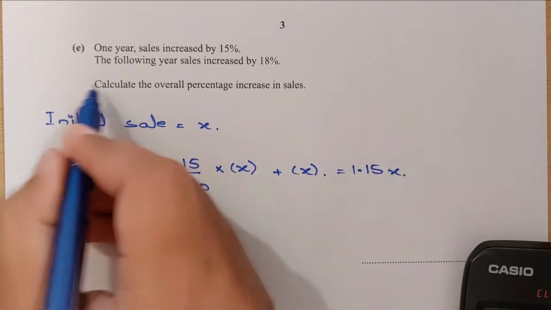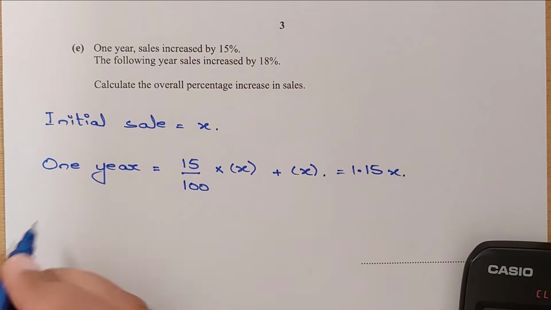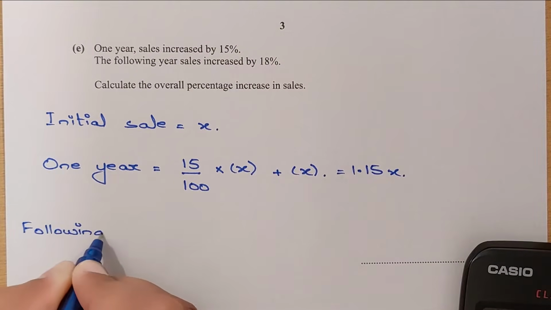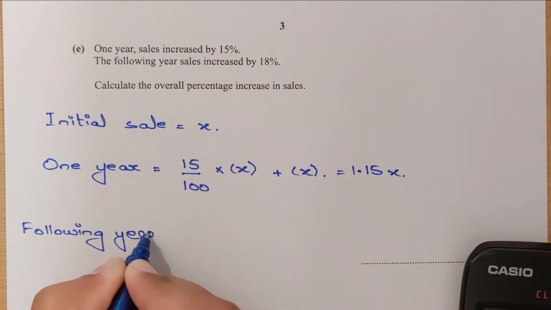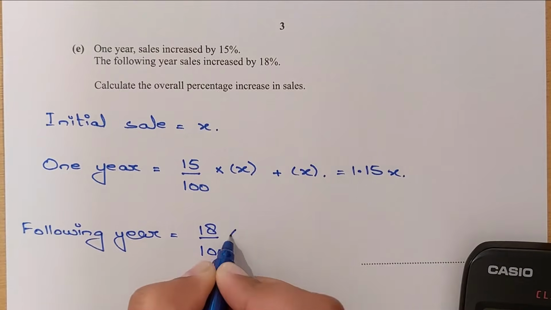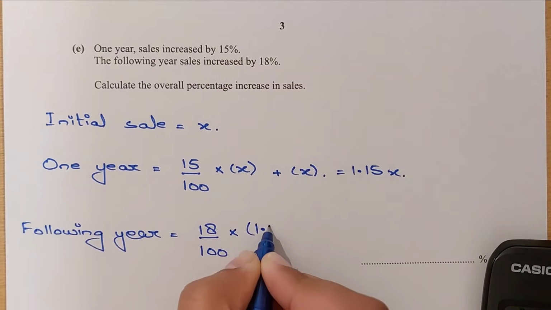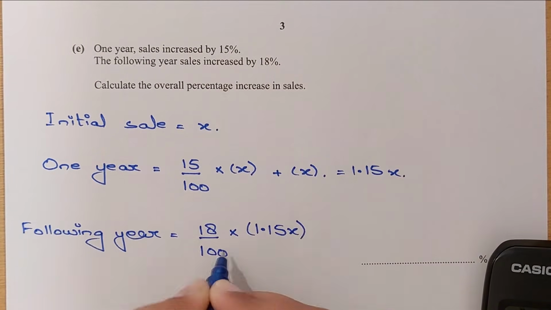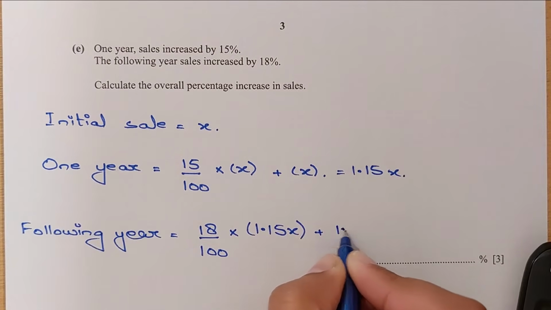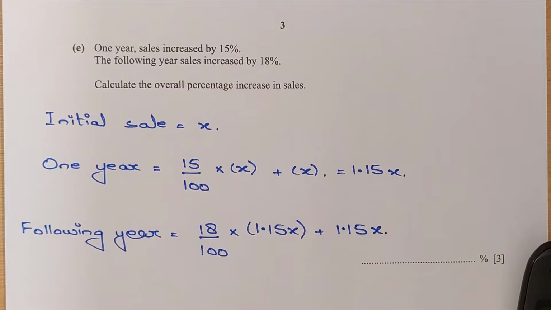Now, the following year, the sale increased by 18%. Now, what is it for the following year? The sales are increasing by 18%. So, 18% of this 1.15x, and whatever the 18% of this is, we add to this sale 1.15x, right?